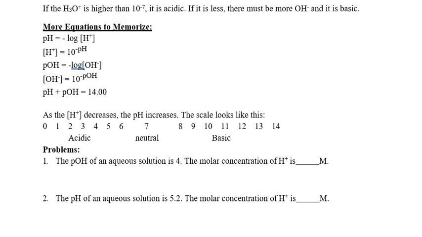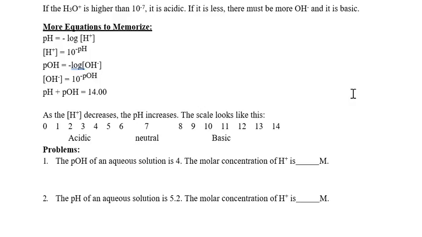We can also talk not only about pHs, we can talk about pOHs, and it follows the same pattern. The concentration of hydroxide ions in solution, if you take the negative log of that, is what we call our pOH. And let's say you're given your pOH, you could calculate the concentration: 10 to the negative pOH will give you the concentration of your hydroxide ions in solution.